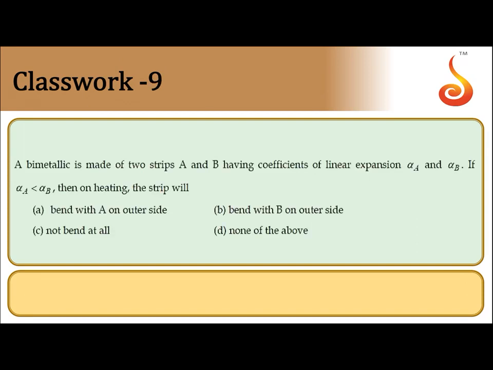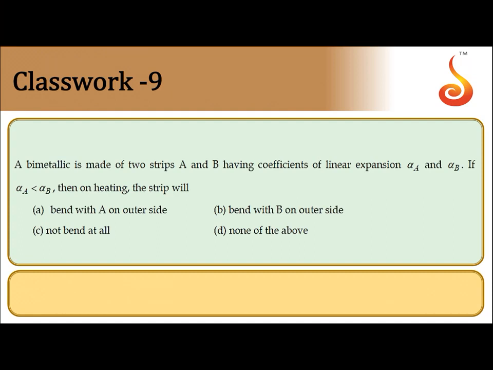A bimetallic strip is made of two strips A and B having coefficients of linear expansion alpha A and alpha B. If alpha A is less than alpha B, then on heating the strip will bend with A on outer side, bend with B on outer side, not bend at all, none of the above.